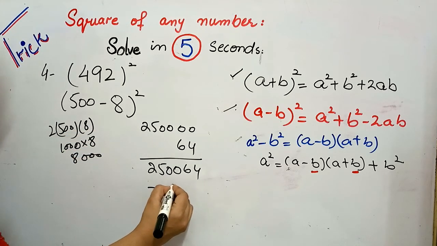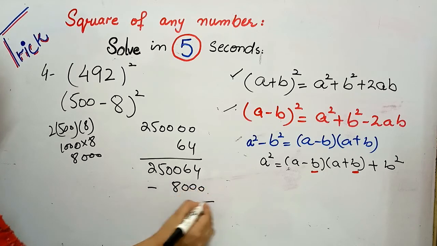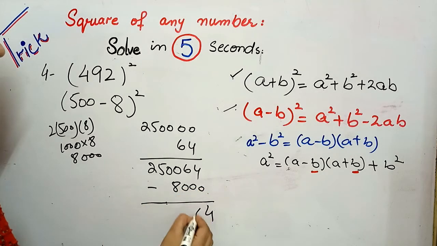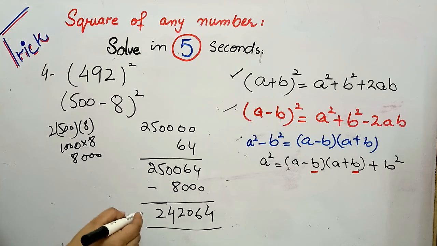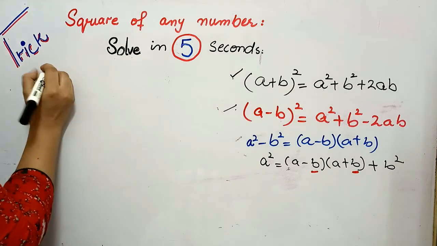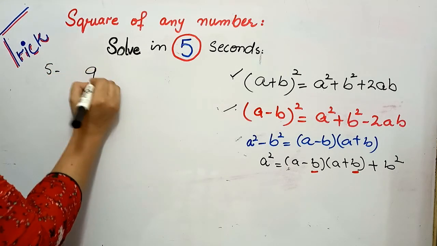Now subtract 8000 from it, and it will be 242064.